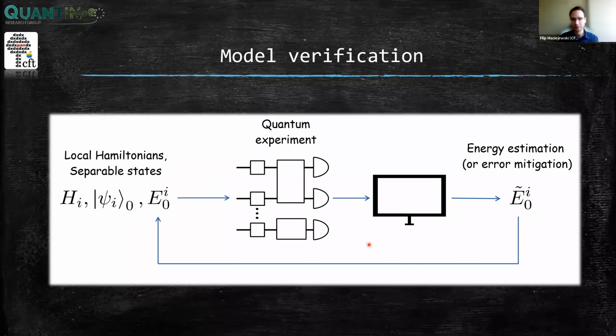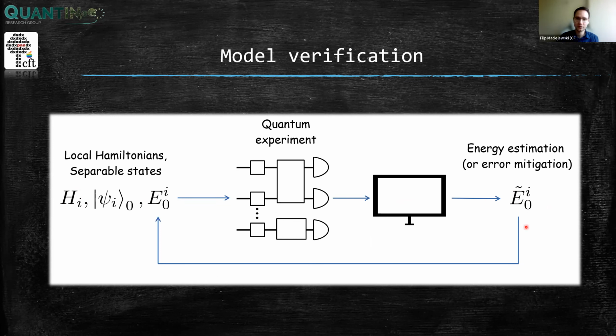The benchmarks we propose are very simple. We put inside the device some separable state psi_i, and estimate the energy of some local Hamiltonian H_i on the noisy device. Since the device is noisy, the energy estimator is going to be noisy as well.